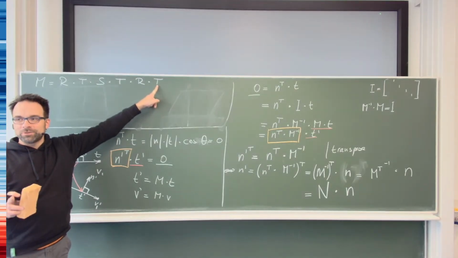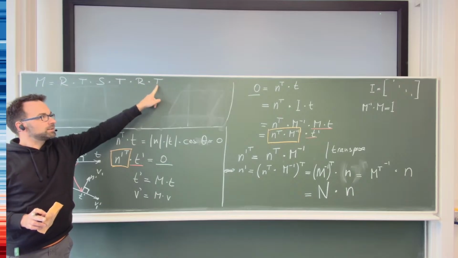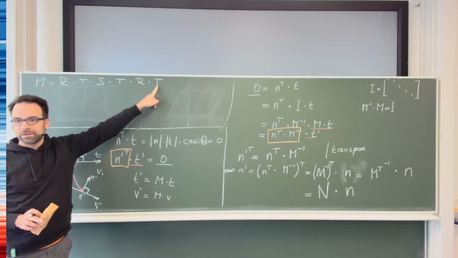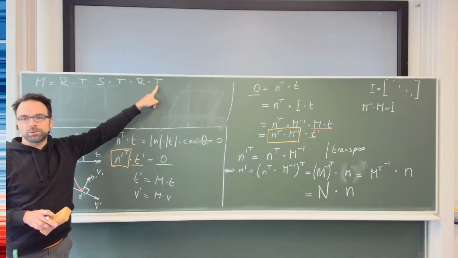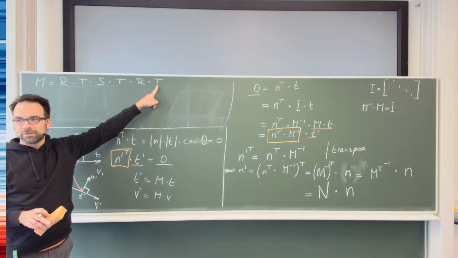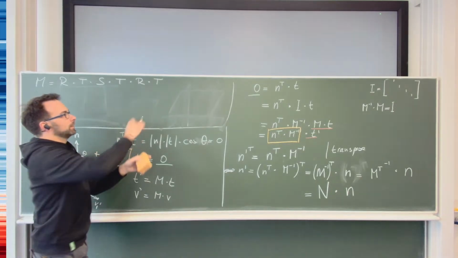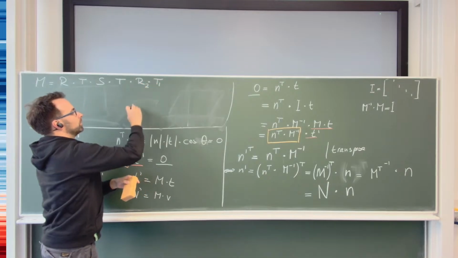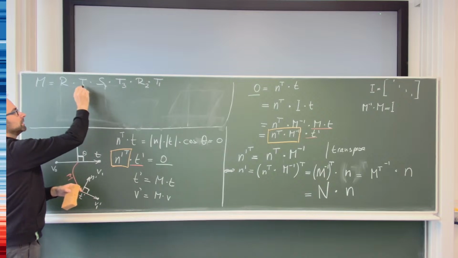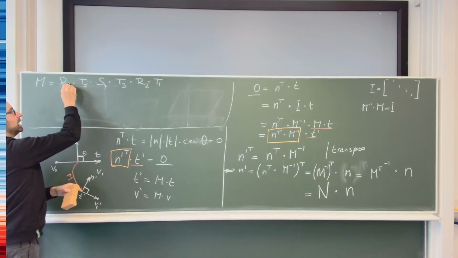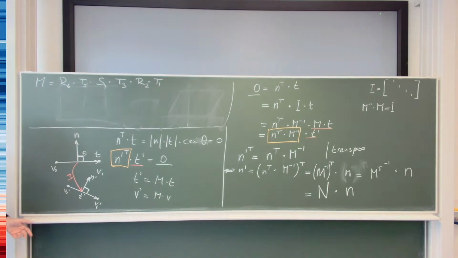Careful, you need to read it from right to left. You first translate the object, because in the final multiplication, this operation is closest to the vertex. So any vertex gets first translated, then rotated, then translated again, then scaled, then translated again, and finally rotated.